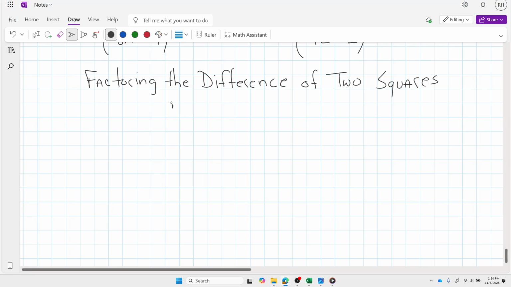And that's something like a squared minus b squared. If you had to factor a squared minus b squared, they're both perfect squares, and they have a subtraction sign in between them. This would factor to a plus b times a minus b.